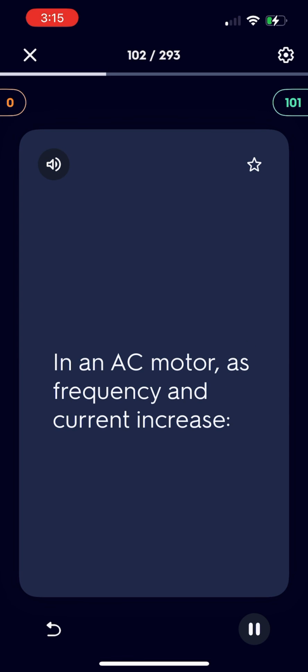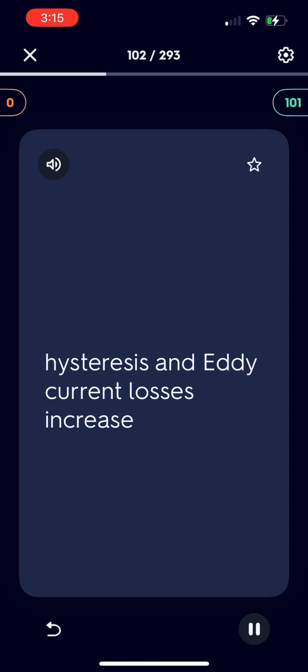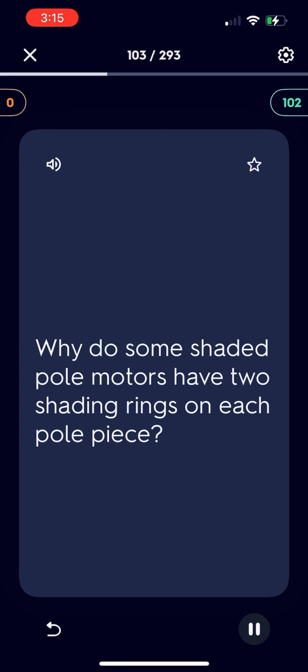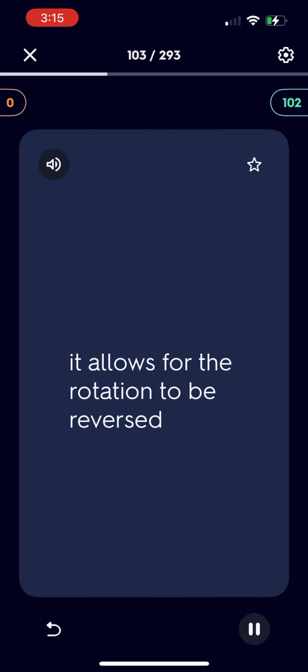In an AC motor, as frequency and current increase, hysteresis and eddy current losses increase. Why do some shaded pole motors have two shading rings on each pole piece? It allows for the rotation to be reversed.